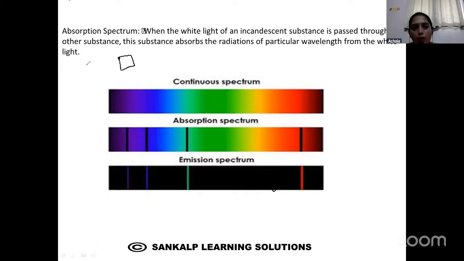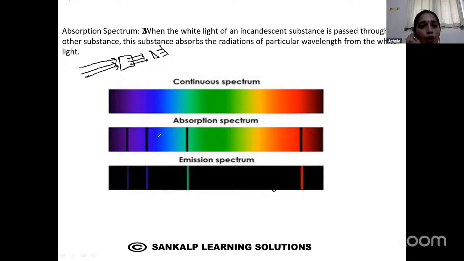I am passing white light through this sodium chloride solution. Some radiations are coming out from this solution. When I pass this through the prism, scientists observed some yellow lines. So this is called as absorption spectrum.